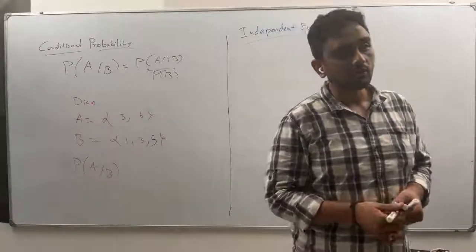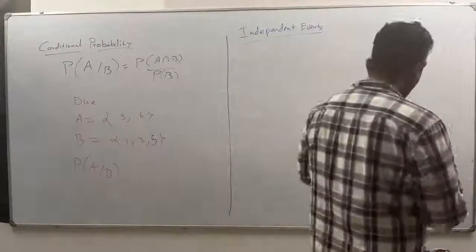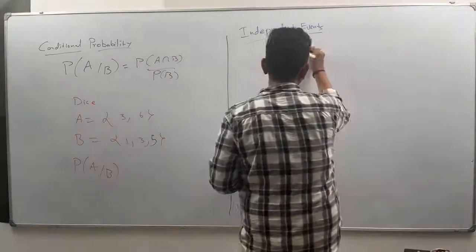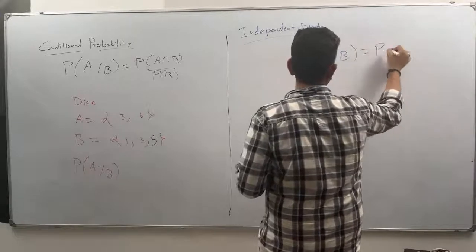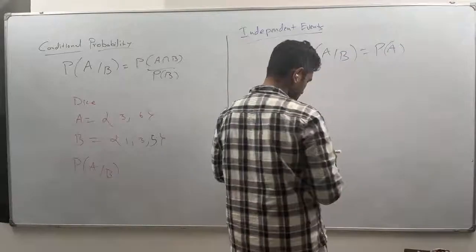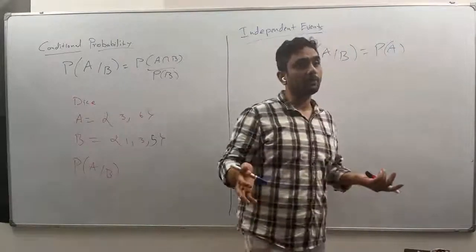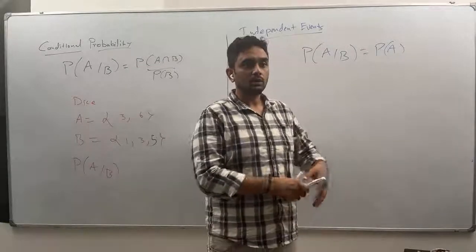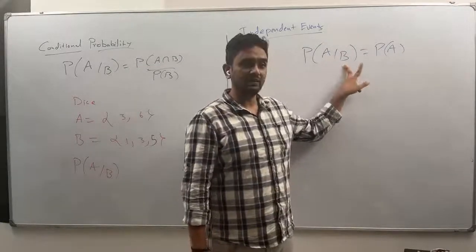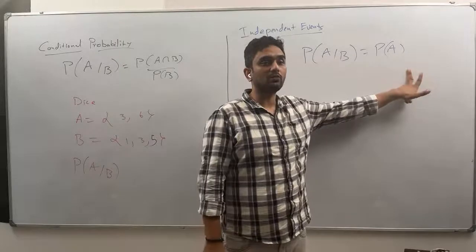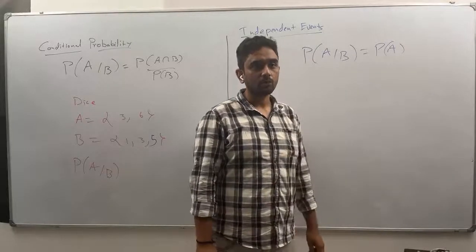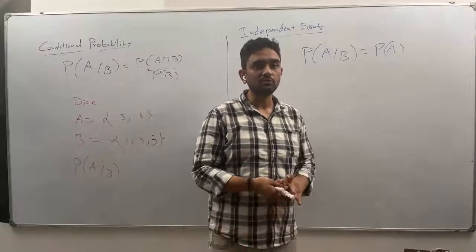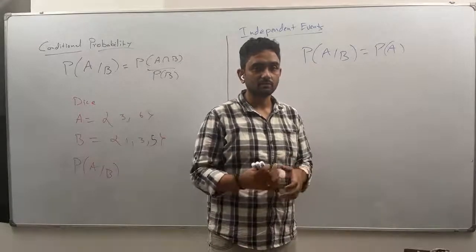Mathematically, even if I take the conditional probability of A under B, if it is still the same as the probability of A, that means A and B are independent. So the occurrence of B is not affecting the occurrence of A.